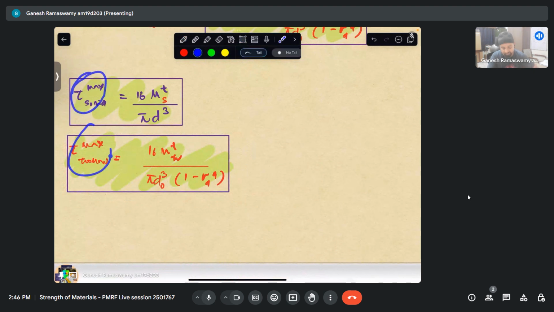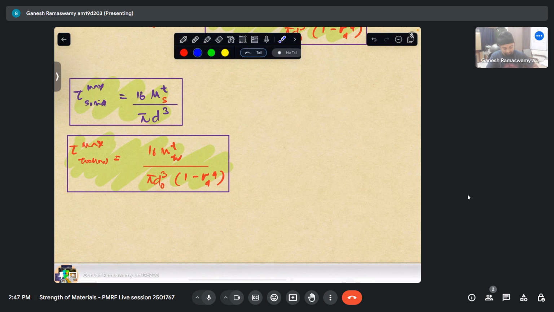So if it is of the same material, then our maximum is what is asked.